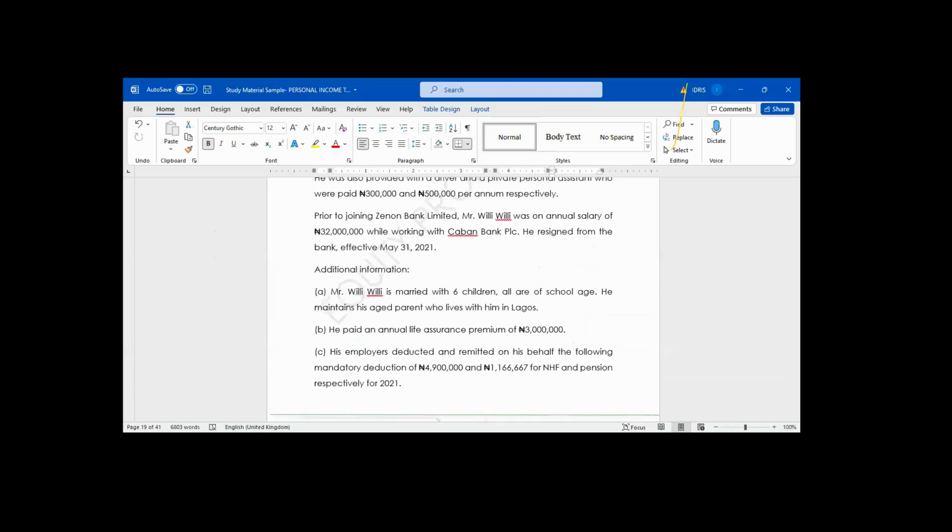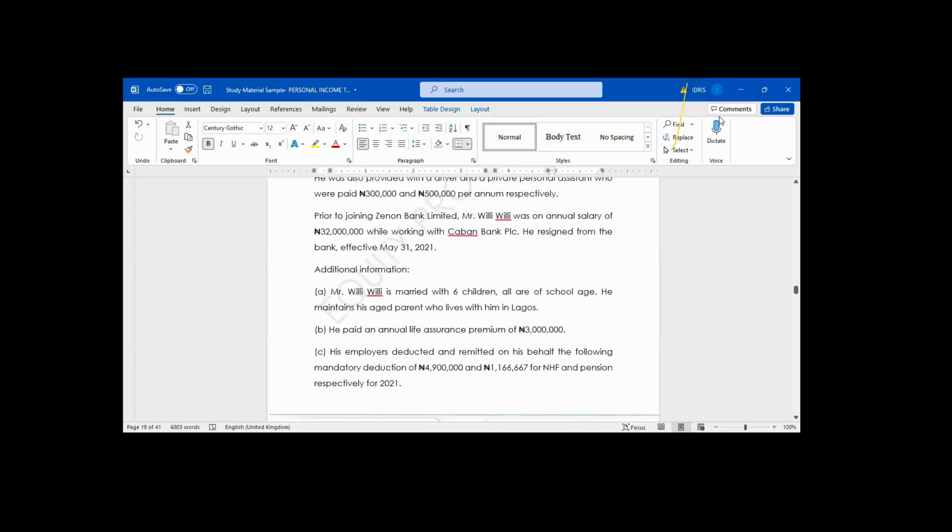Pension. Payments to NHIS. Life insurance. Gratuity.